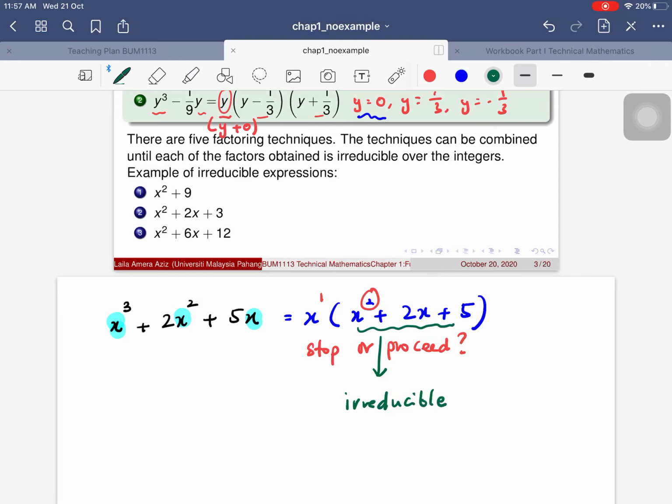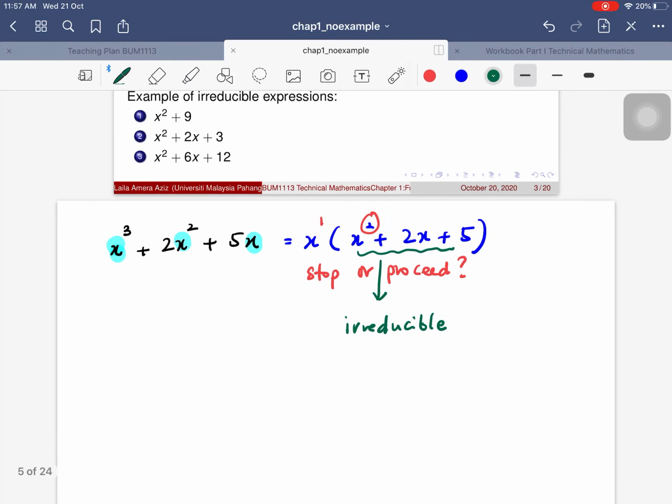So this is an example of an irreducible function. So therefore, there's nothing you can do about it anymore. So what you have to do is stop. Okay, so basically if you have x cubed plus 2x squared plus 5x, this is going to be the factorization that you're going to do. But if it is reducible, do it further, make it into smaller linear factors.